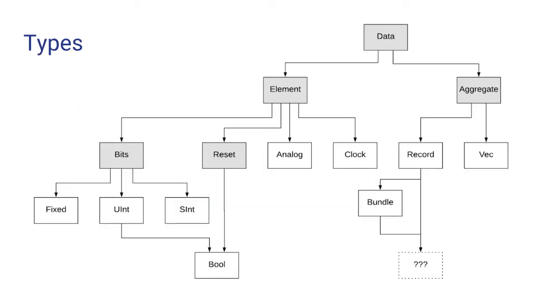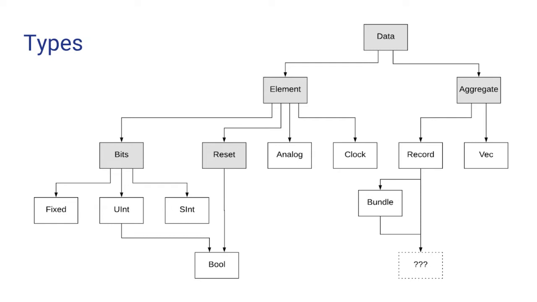So let's talk a little bit about types. I mentioned that Chisel is made up of types. These types are the ways that you can represent hardware data. The supertype of all Chisel types is called Data, and it has 2 subtypes, Element and Aggregate. Aggregate is, as it sounds, a collection of multiple things. Element is kind of like a leaf node, like a single bit vector. Underneath Element, I'll go with the simplest types first.